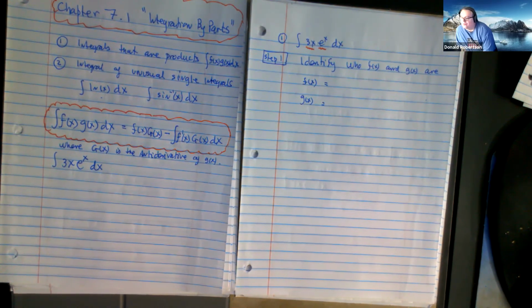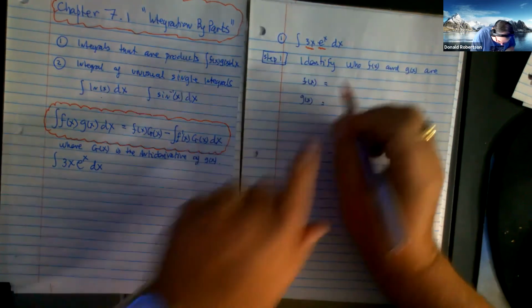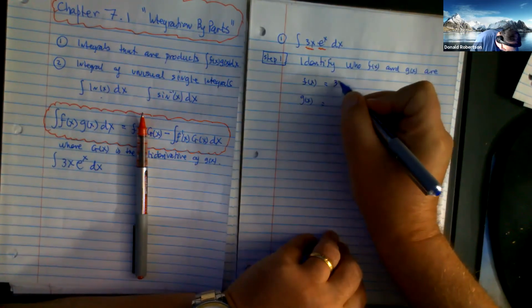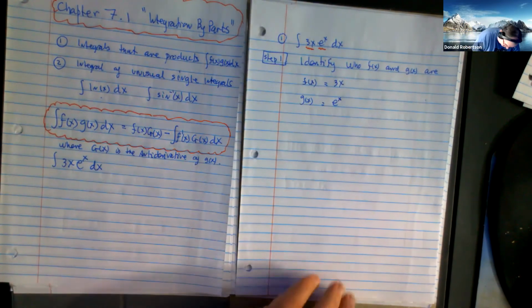That will get you by in 80, 90% of situations. There are exceptions, which we'll see when they turn up, where the roles switch places. So this fella is going to be 3x, and this guy's going to be e to the x. Step one done.